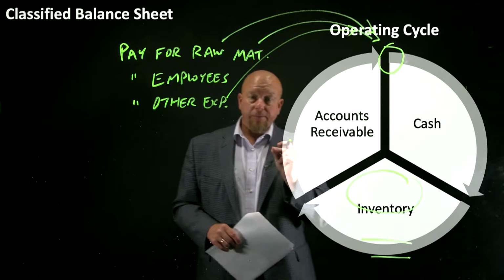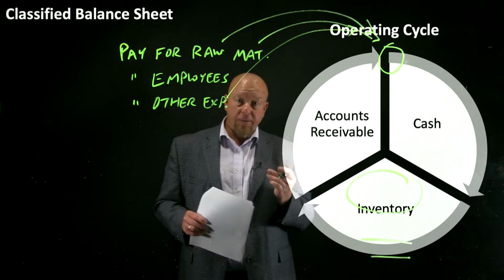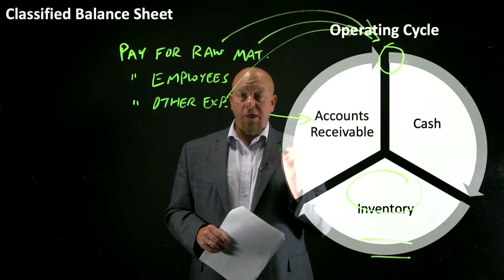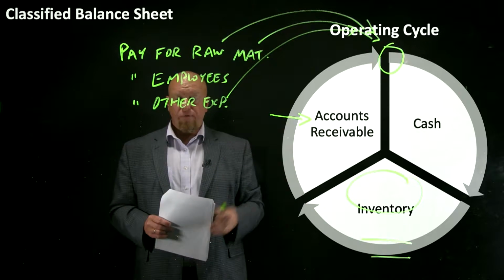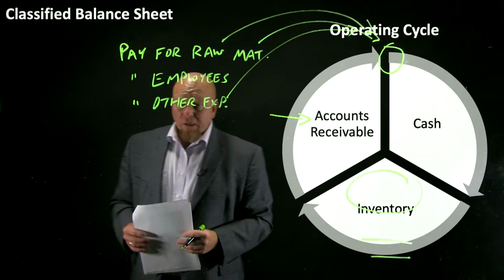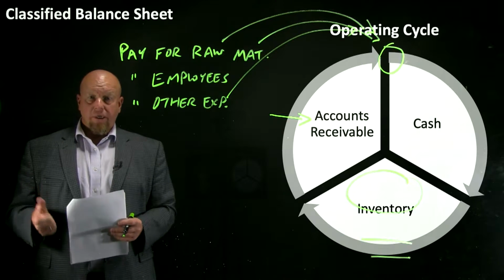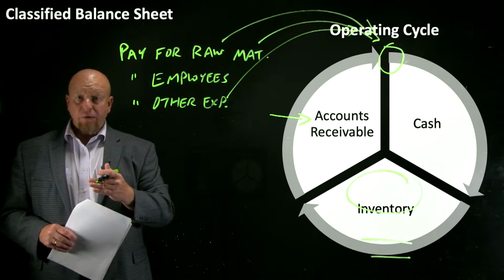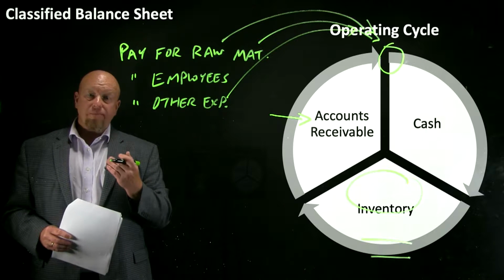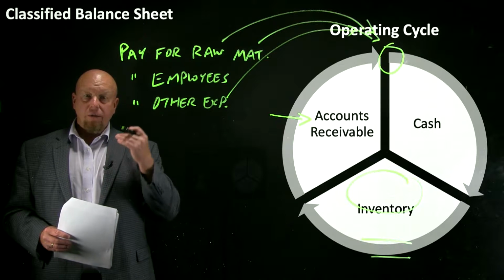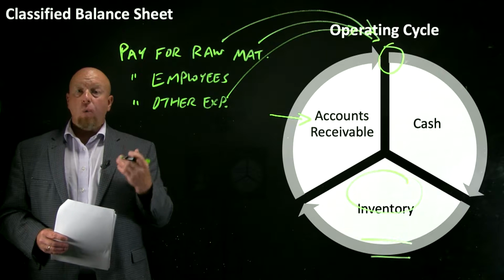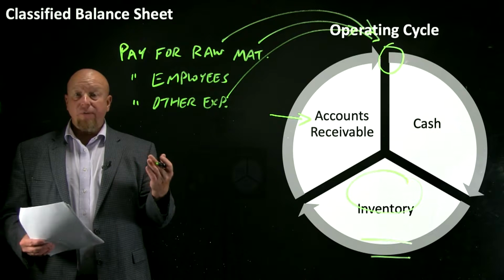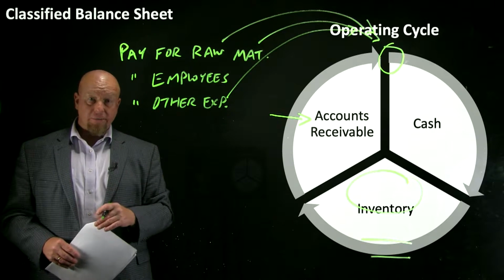And you would think that we would suddenly have some cash coming in. But a lot of times we extend trade credit to our customers in the form of accounts receivable. So just because we manufactured a product, we stored it in inventory for a while, eventually sold it to a customer, we still haven't received payment. The operating cycle ends once we receive the cash from our customer. So we have to wait for that payment to be collected from the customer.